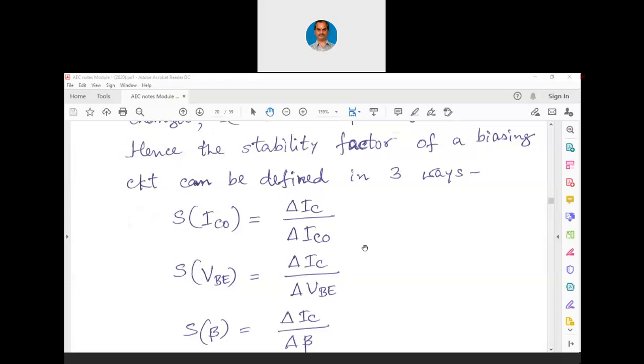Which means that the Q point of the circuit which is having S of ICO 10 will not vary much when compared to the Q point of the other circuit which is having the stability factor of 20. So the point here is lesser the value of the stability factor, better is the circuit. Larger the value of the stability factor, worse is the circuit. That is the conclusion, and the conclusion is based on these definitions only.